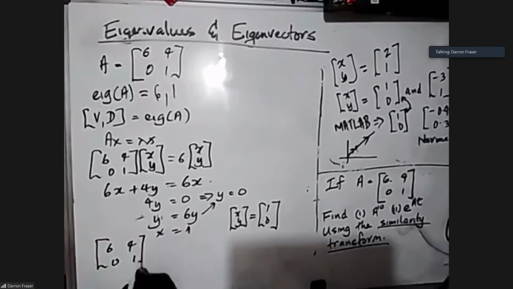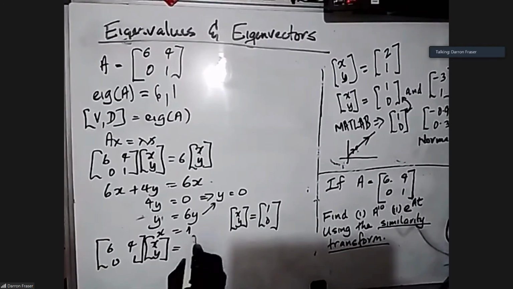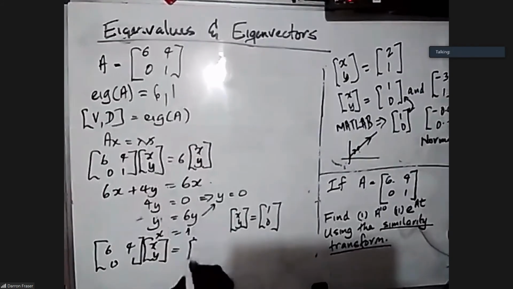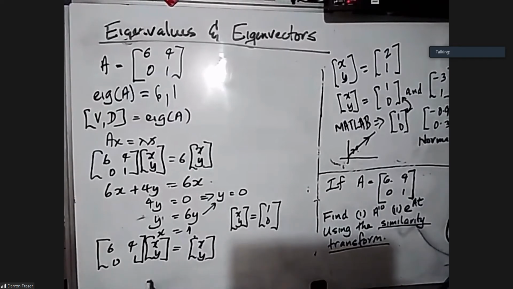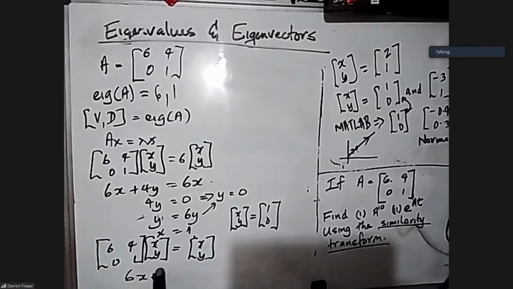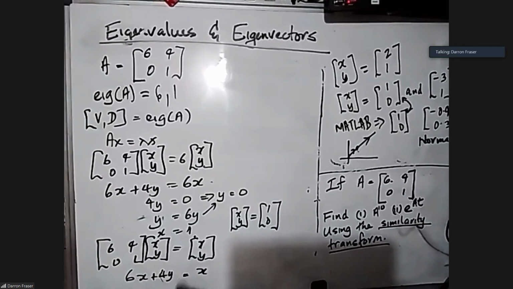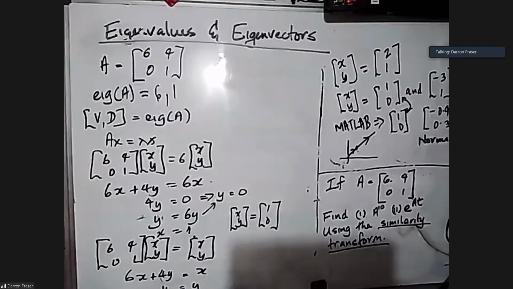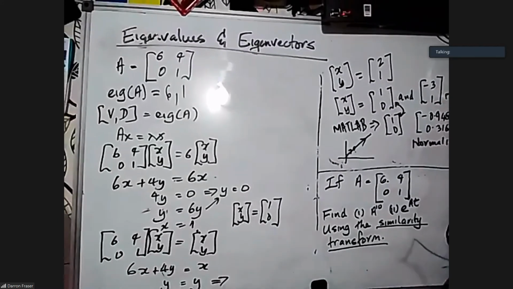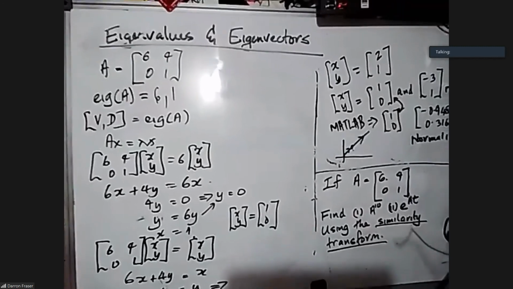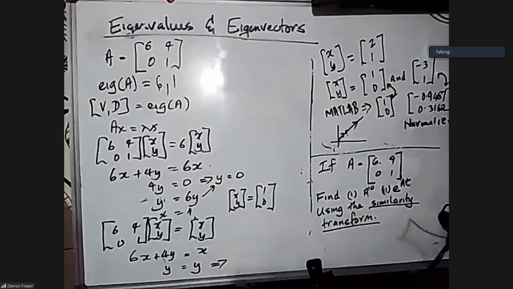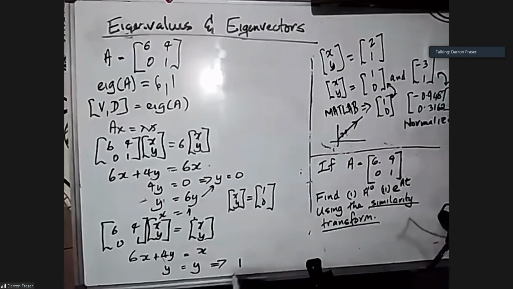The next one is for eigenvalue 1: 6, 4, 0, 1 times x, y is equal to 1 times x, y. That is going to give me 6x plus 4y is equal to x and y equals y. So that implies that y equals 1.